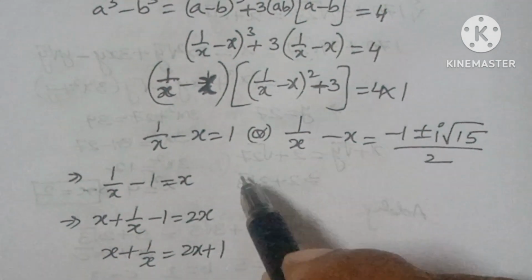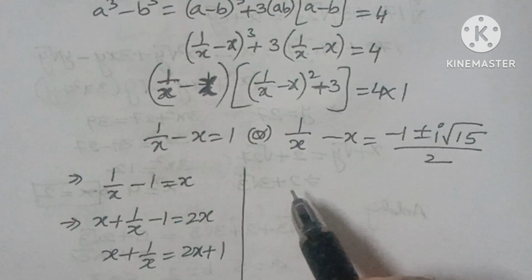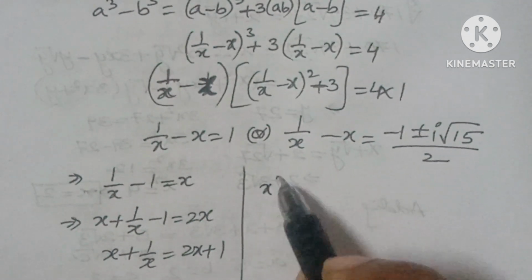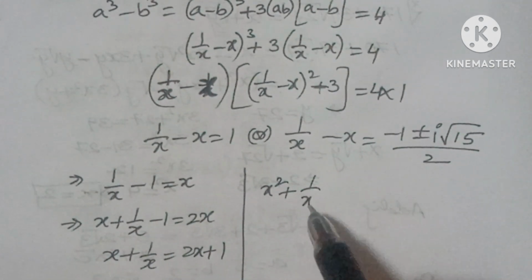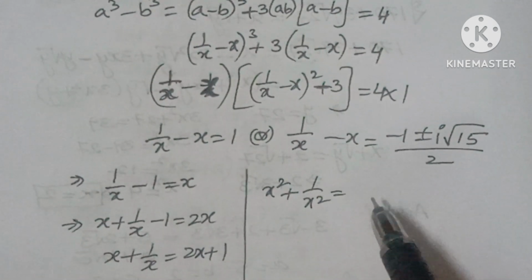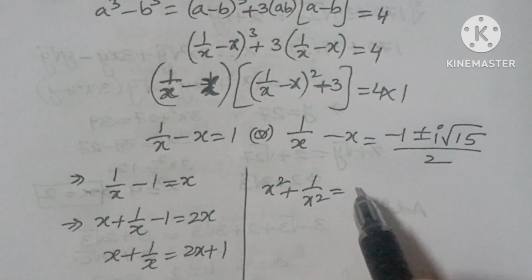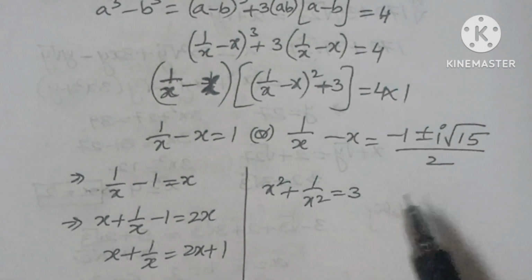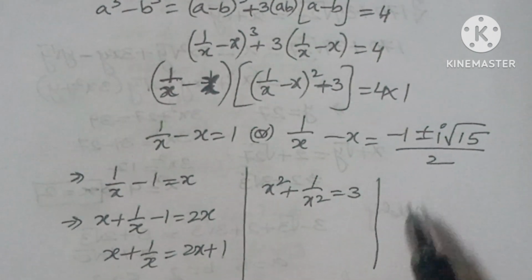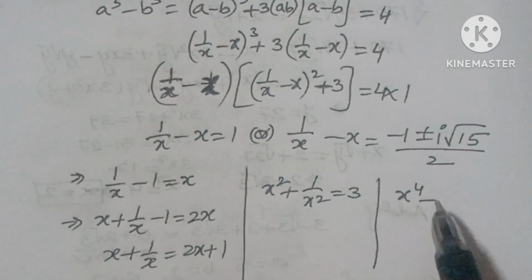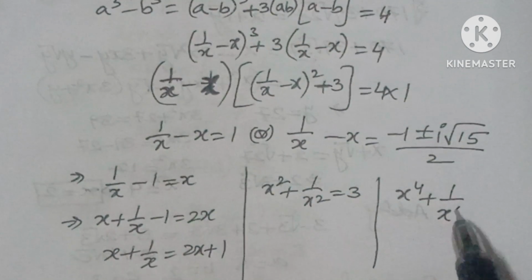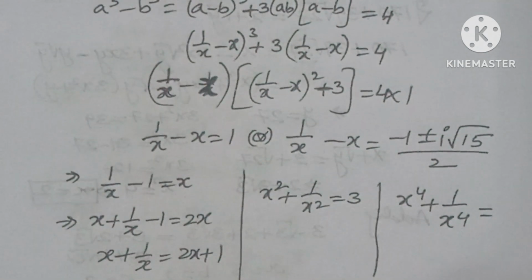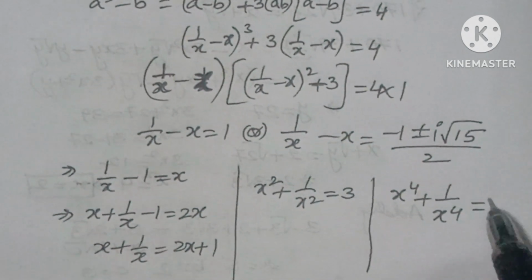Adding x on both sides. From this you'll get x square plus 1 by x square value will get here 3, and here x power 4 plus 1 by x to the power of 4 value will get 7.